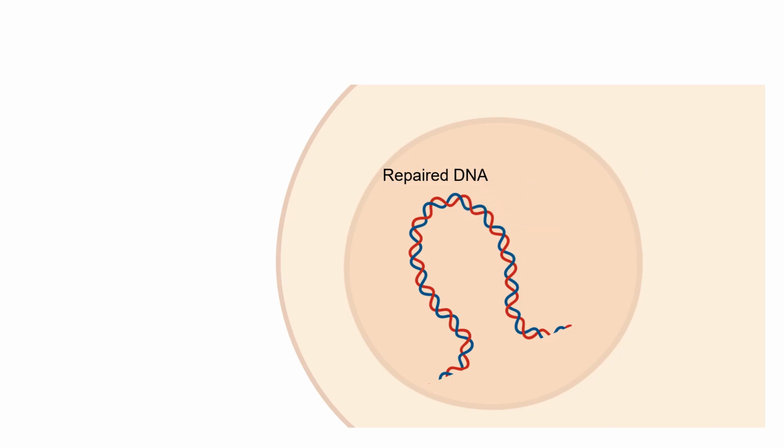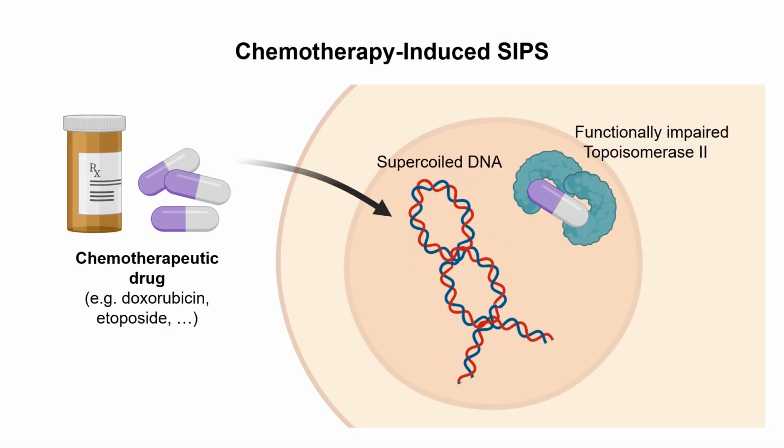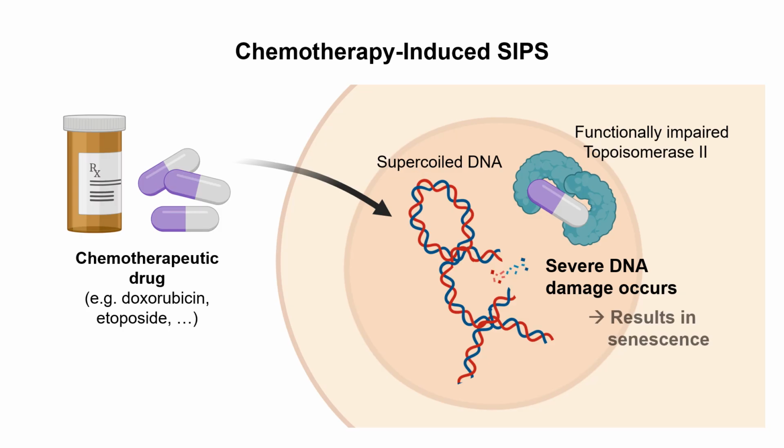So proper DNA duplication can be successfully achieved. But if we add the drugs, which can bind to DNA or bind to topoisomerase as inhibitor, then this topoisomerase cannot repair those damaged DNA, and eventually this damage is accumulated and it can generate senescence. So this is one kind of example of a chemotherapy-induced senescence.